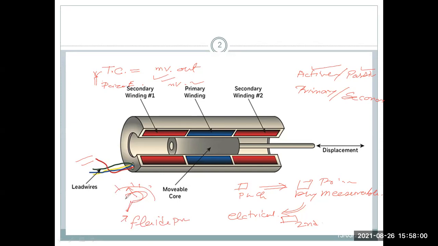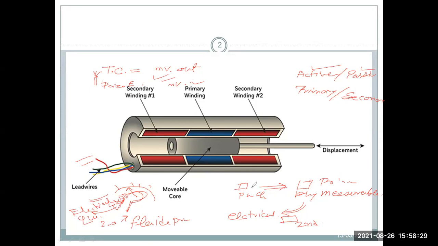Okay, but if we add some LVDT, then it will produce some electrical quantity. So this is the secondary transducer. So there are two types of transducer.